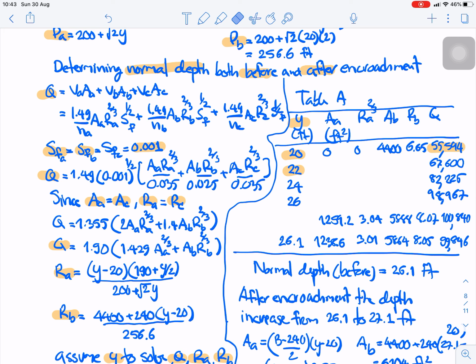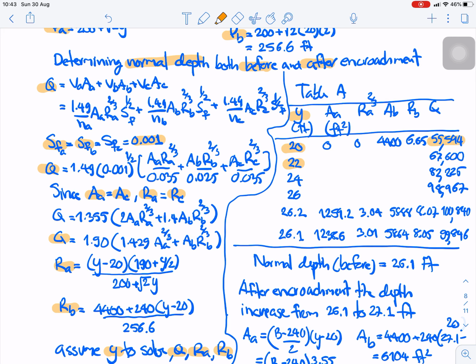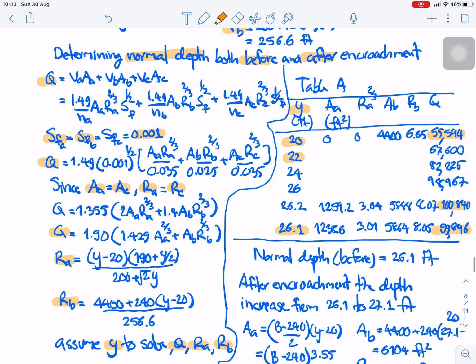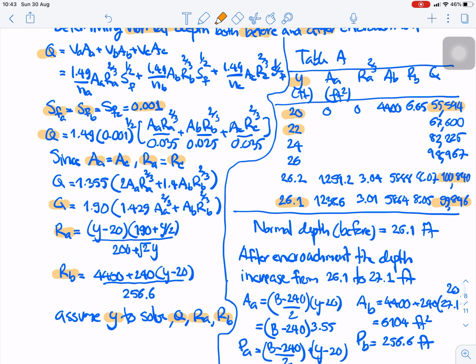It is a bit higher compared to the Q of 100,000, so we reduce to 26.1, which is the closest to the flow of 100,000. So we assume that the normal depth is 26.1.